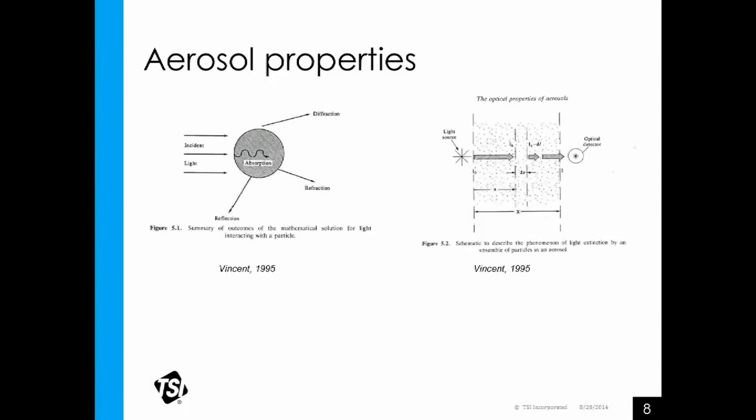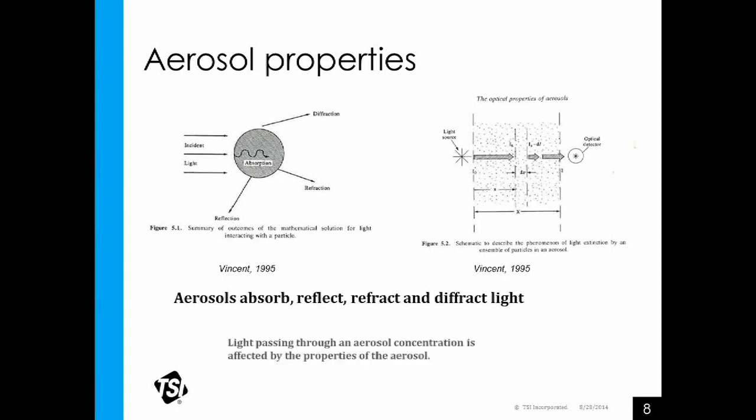So there's aerosol properties. Different aerosols have different properties that affect photometric light scattering measurements. So all aerosols are going to, in some way or another, absorb light or reflect light and/or refract and diffract it. And then light passing through an aerosol concentration is going to be affected by the properties of that aerosol.